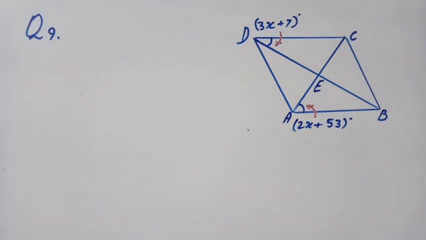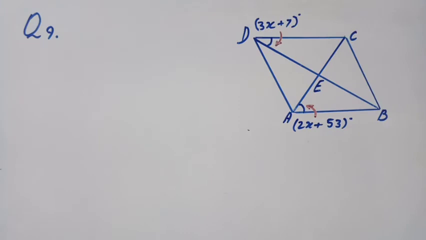Now in the solution of this question, as ABCD is a rhombus, all the angle properties of the rhombus that you have revised in the previous pages we can use over here.